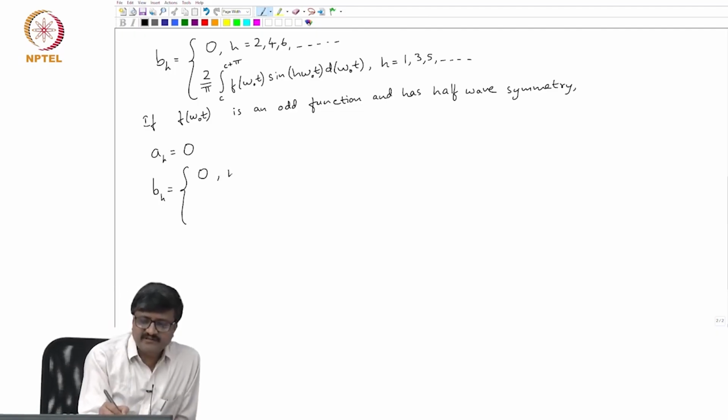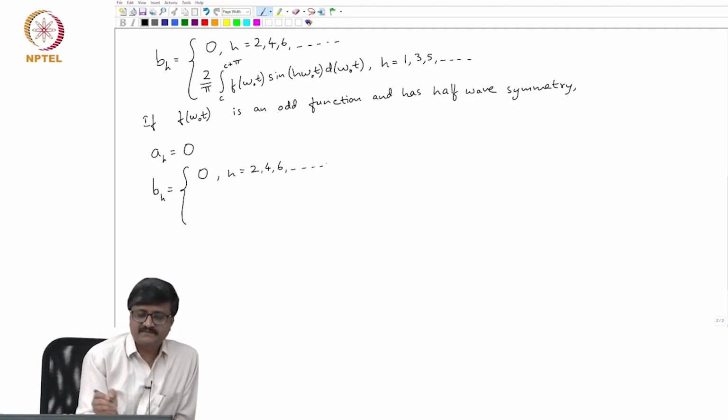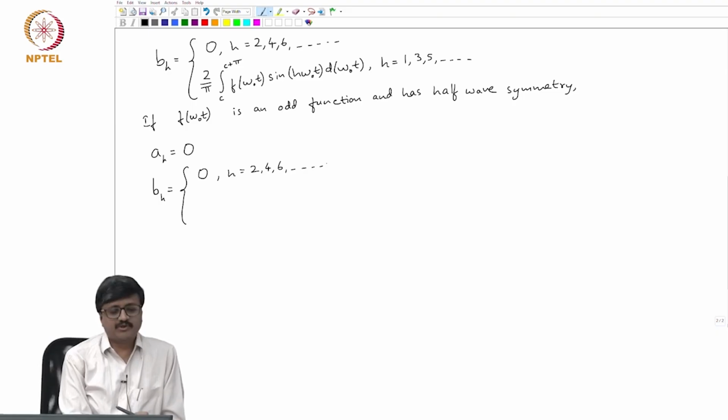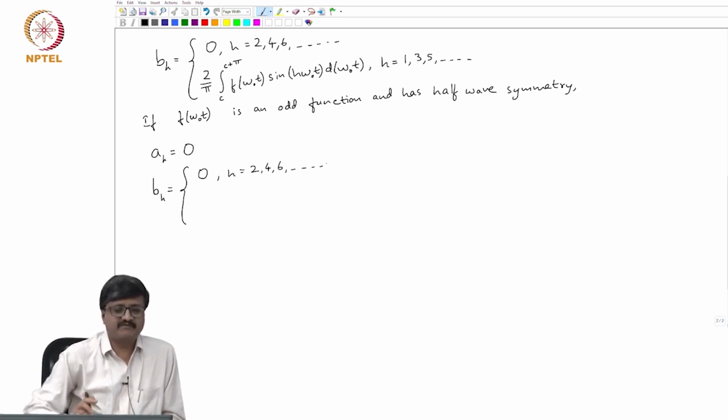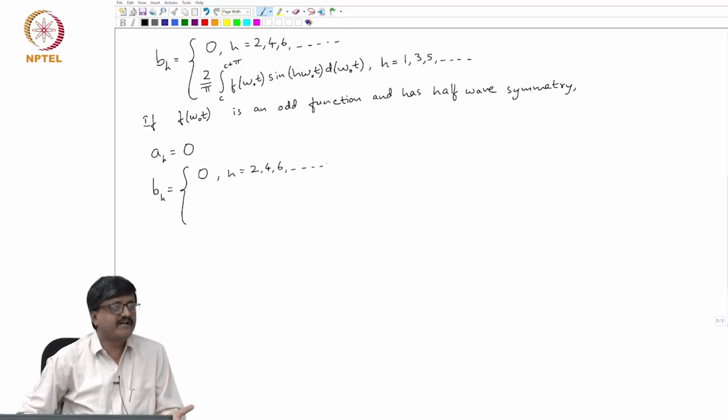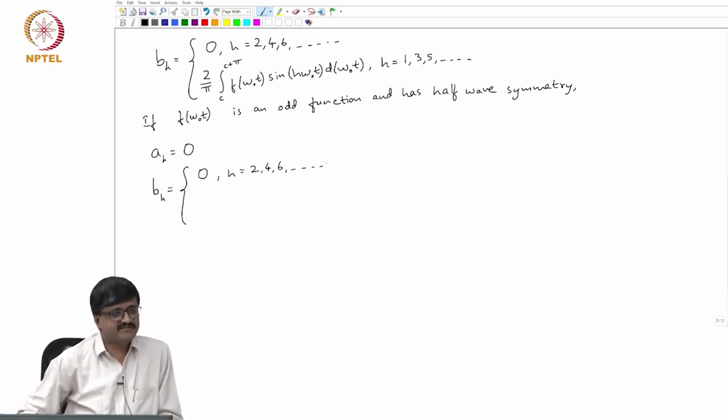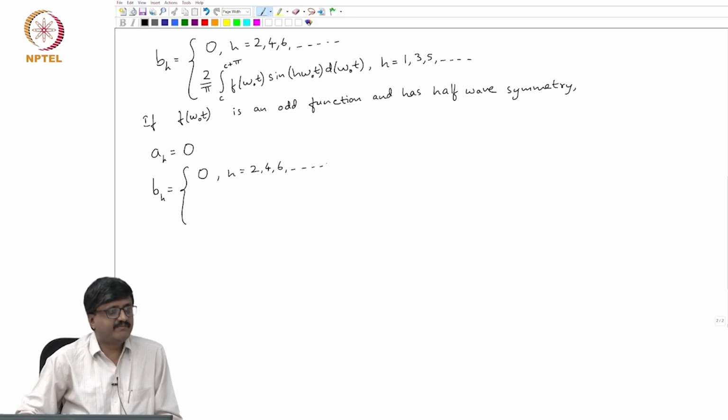It is 0 if h is equal to 2, 4, 6, and so on. And when it comes to the odd values of h, there is a further reduction in the duration over which we integrate. One need not integrate over pi radians, we can just integrate over a quarter cycle, that is pi by 2 radian.